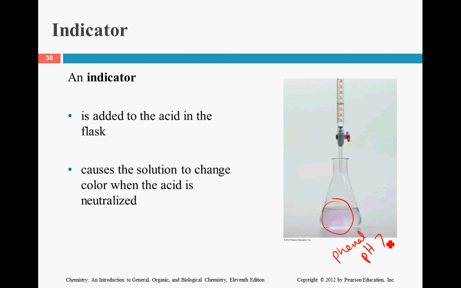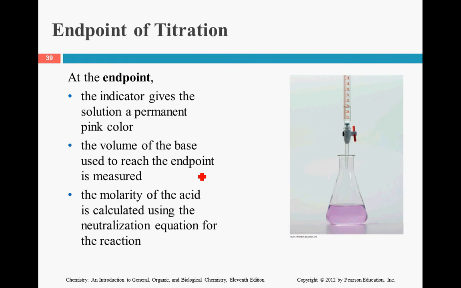An indicator in general will change colors in a solution, so that way we know when it's neutralized. And then the endpoint is when it changes and it doesn't change back. It gives a permanent color. Phenolphthalein specifically turns a pink color.